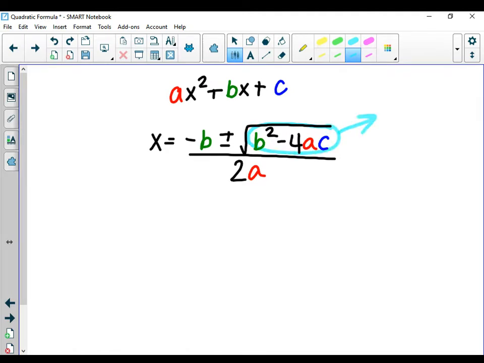So maybe off to this side, I would write b squared minus 4ac, if it equals 0, it's one real solution, and stuff like that, okay? I know that that method of study helps a lot of y'all out, so make sure, especially on a chapter like this with a lot of steps, that this is one of those you do that too, okay? So, any questions on quadratic formula or discriminant?